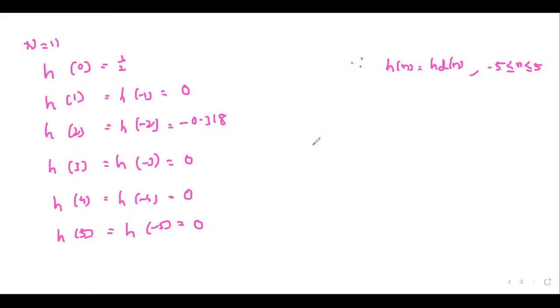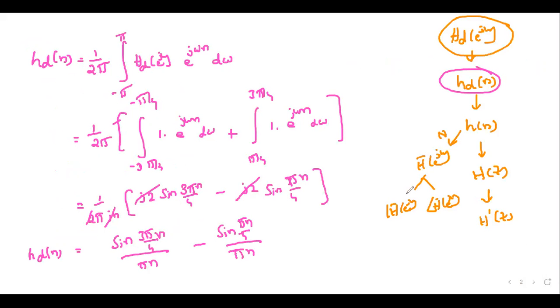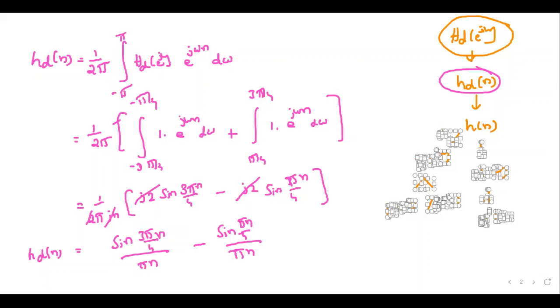Next step. We have so far h of n. You can calculate the negative values also, h of minus 5, h of minus 4, and so on. You will get the same values. You can test it.